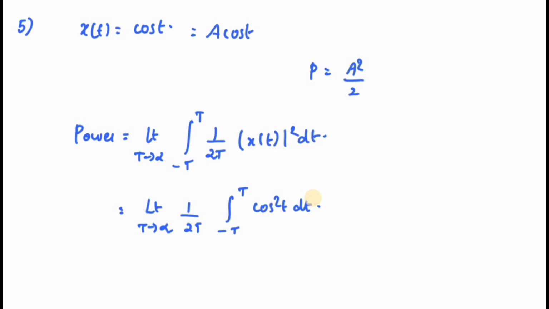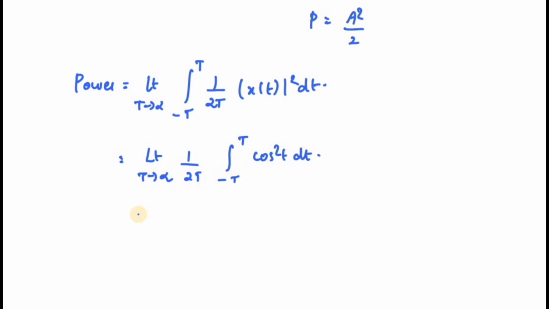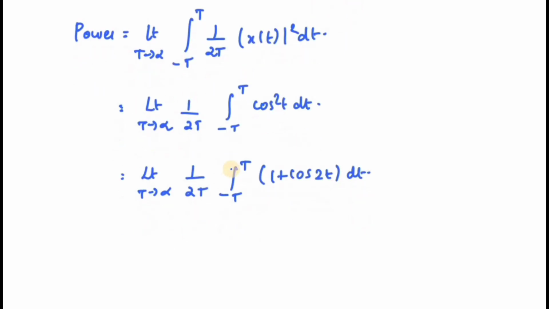Cos square of t is equal to limit t tends to infinity 1 divided by 2t, integral from minus t to t of (1 plus cos 2t) by 2 dt. Based on the formula, cos 2t equals 2 cos square t minus 1, so you get 2, right?